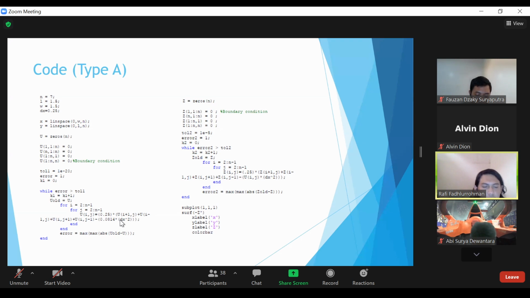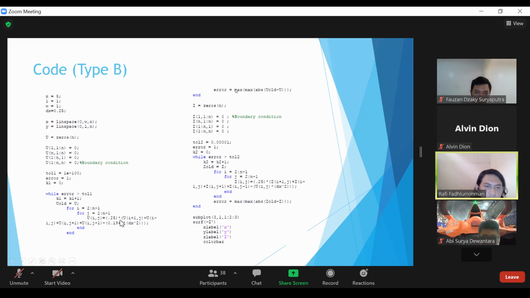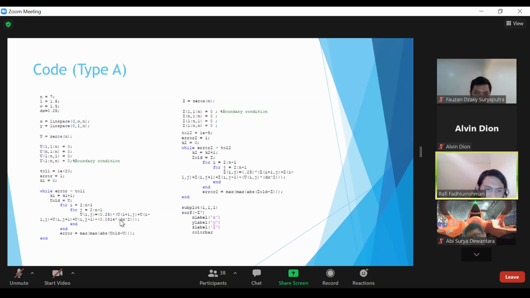So we put the error while the error is greater than the tol, the iteration will occur, and we set u_out equals to u, to define the error later. And then for the index i at the x coordinate, we will get the deflection at 2 until n minus 1, and for j at the y coordinate from 2 until n minus 1.